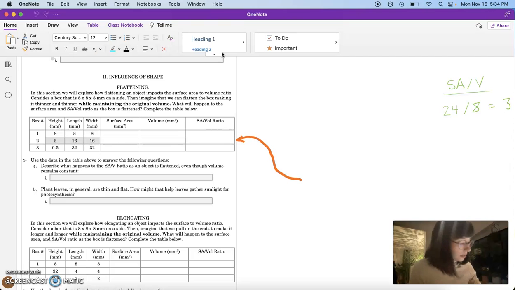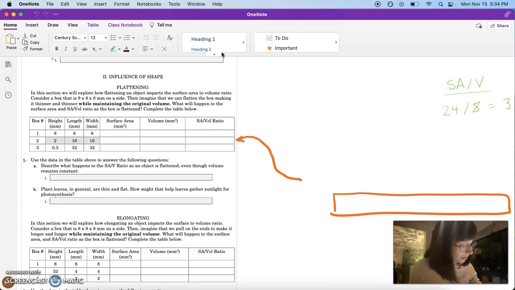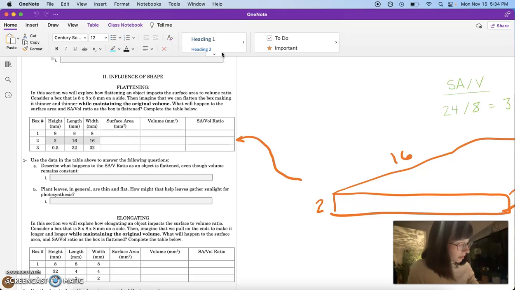So the height is 2, the width is 16. This is not going to be drawn to scale at all. And then the depth is 16. It's a little bit more squished down like this, not quite as cubey as the other one. So height is 2, 16, 16.